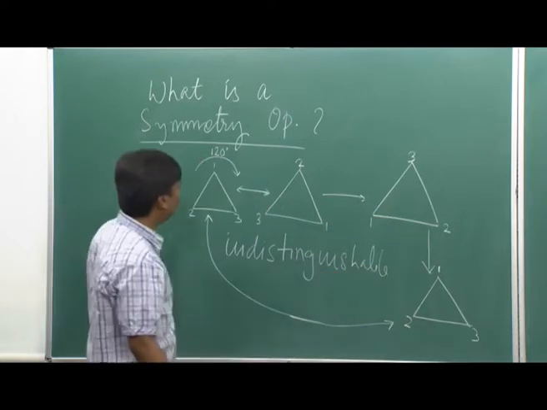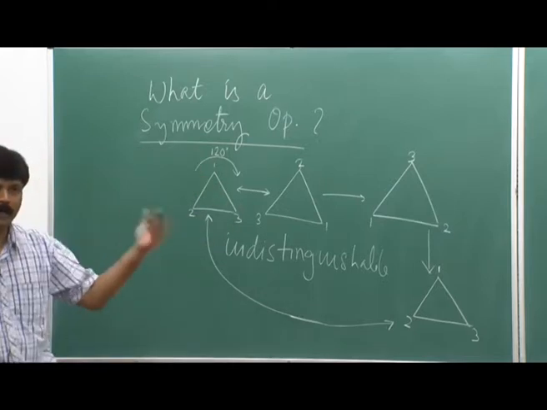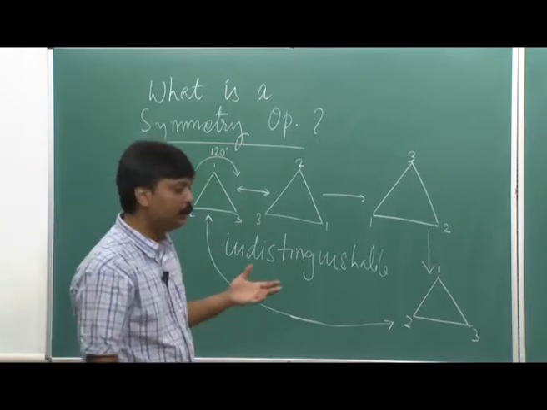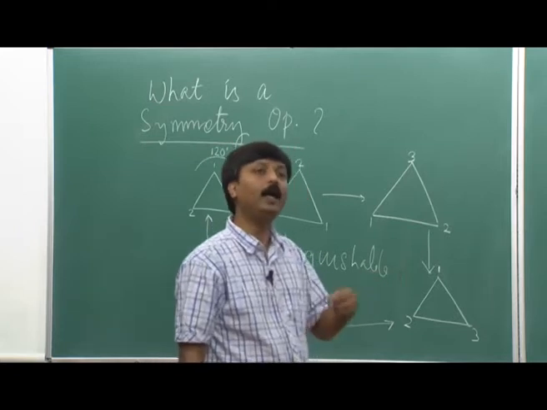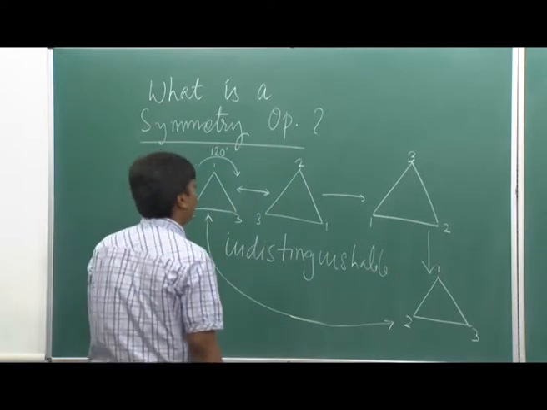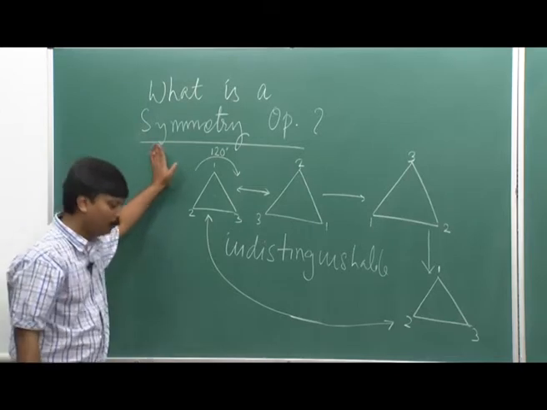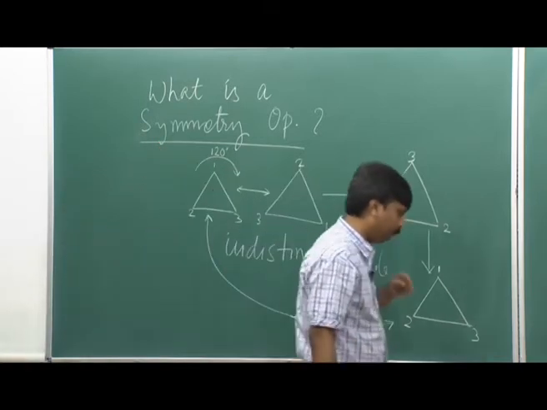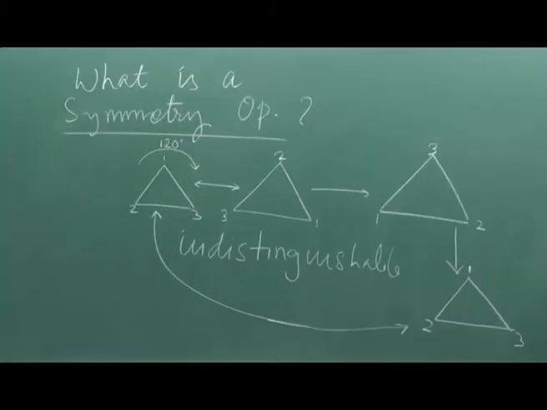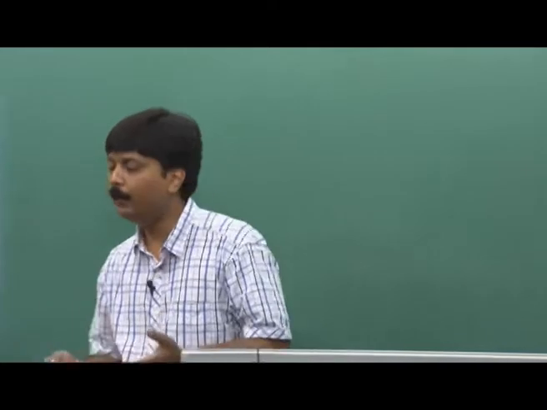So these movements by which I can get the indistinguishable structures or even the identical structures are called symmetry operations. Okay. Symmetry operations can be explained in another way also.